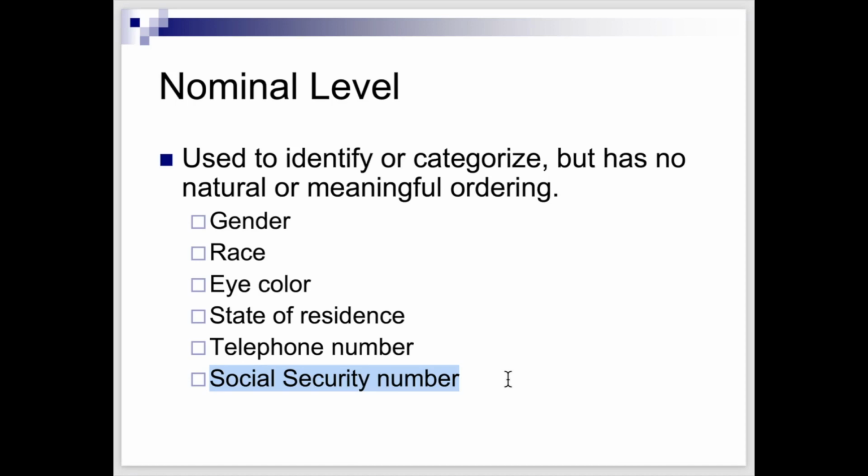Each taxpayer has a Social Security number, and the IRS uses that to keep track of your wages and other benefits and make sure that you're paying the appropriate amount of taxes. And so that Social Security number identifies you, but there's no natural ordering. Again, it would make no sense for one person to say that their Social Security number is bigger or better or smaller than anybody else's. So there's no natural ordering.